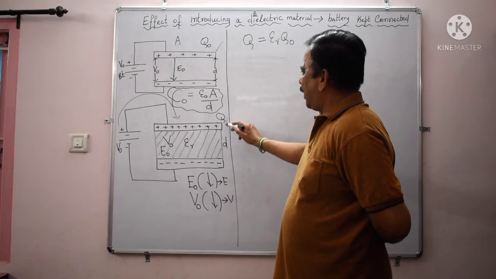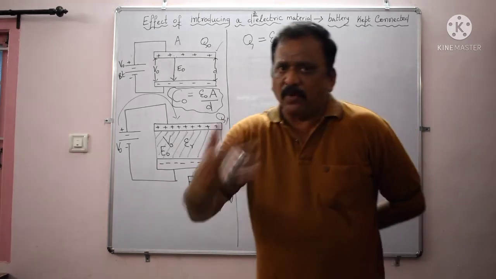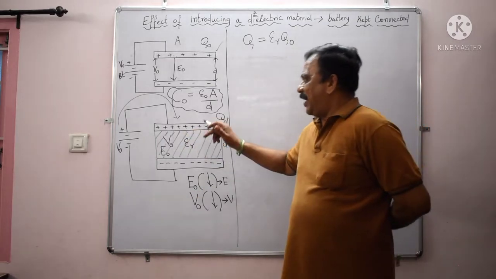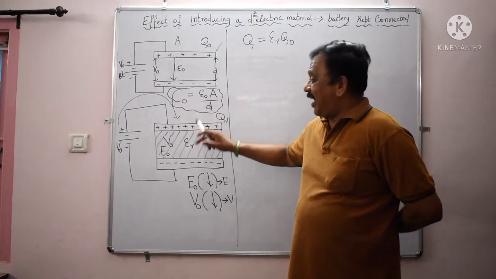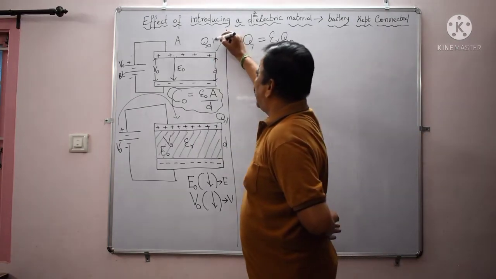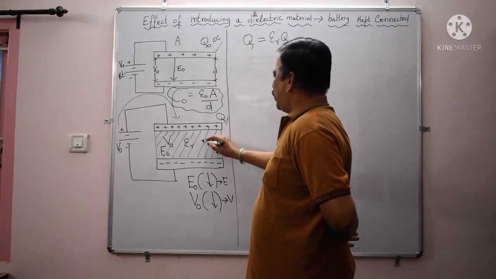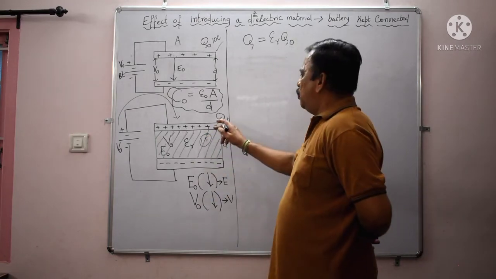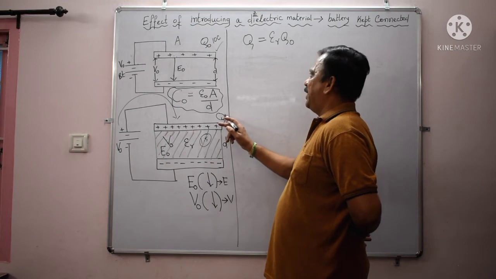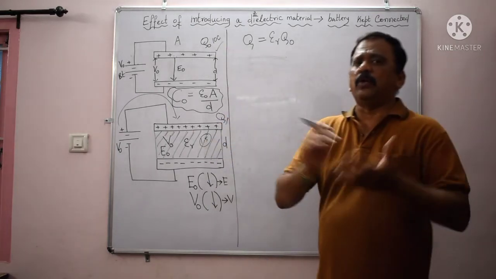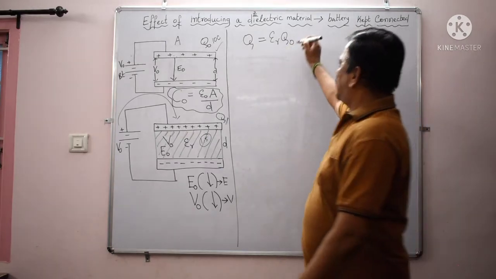I told you the charge on the capacitor has increased. By how many times? It increases by the dielectric constant of the dielectric material you introduced. Suppose the initial charge is say 10 coulomb and the dielectric constant you have introduced is say 1.5, then the new charge the capacitor stores will be 10 into 1.5, that is nothing but 15 coulomb. So take this as number 1.